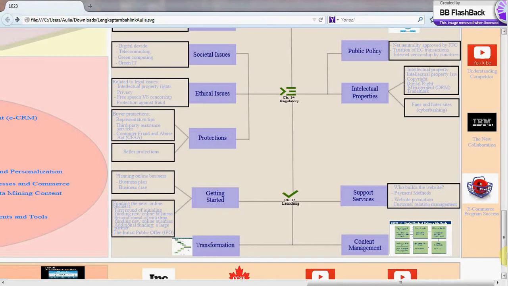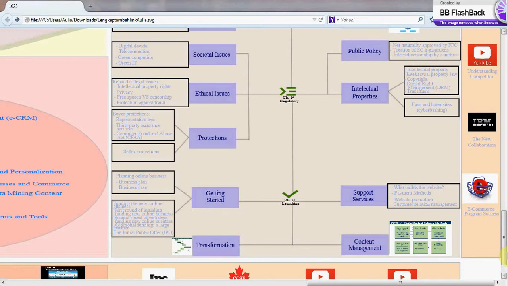And now, how about protections in e-commerce? First of all, we will talk about buyer protections. How to protect buyer from fraud. So we have to provide representative tips how to protect against fraud in e-commerce, in online buying, online transaction, and third-party assurance services.